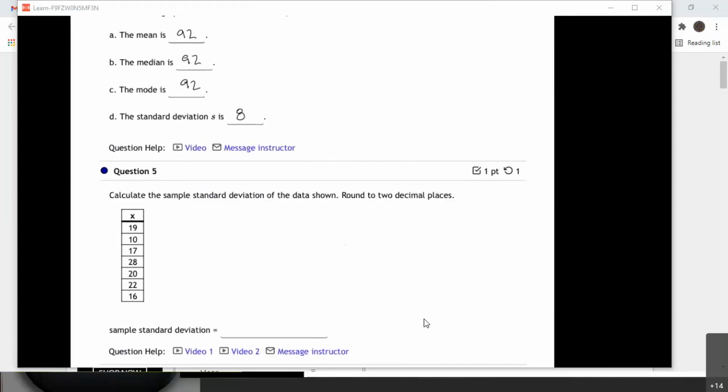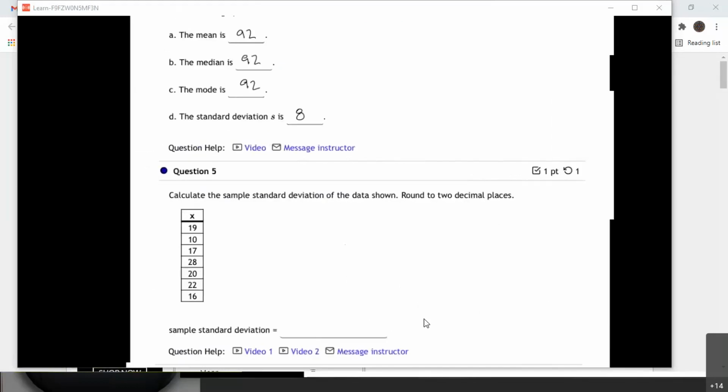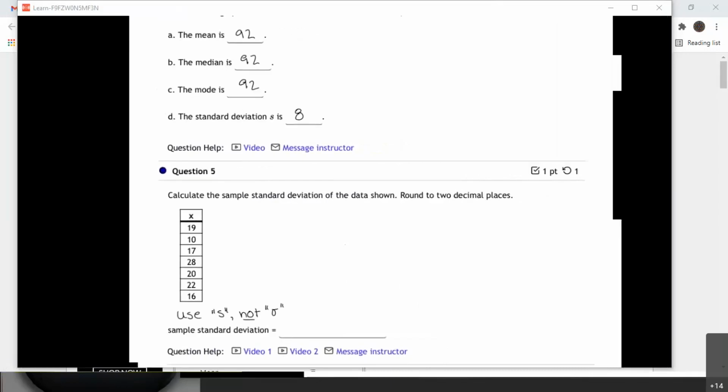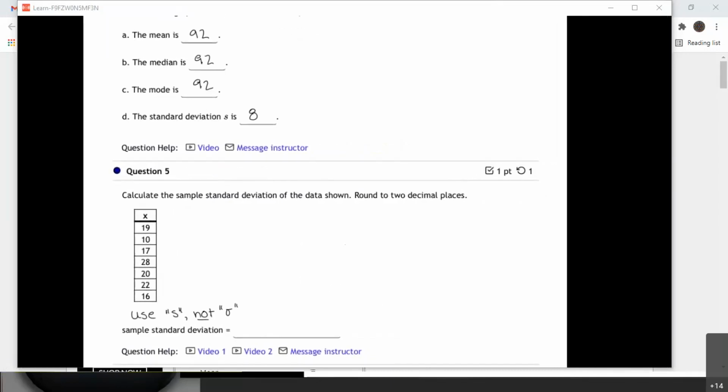The trick when you do this on the TI-84, make sure you use S for the sample standard deviation, not sigma. Remember we talked about the difference between a sample standard deviation and a population standard deviation. S is your sample standard deviation. That's the value you want to pick out of the one variable statistics.